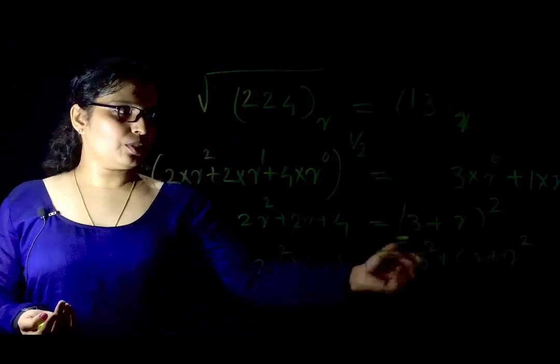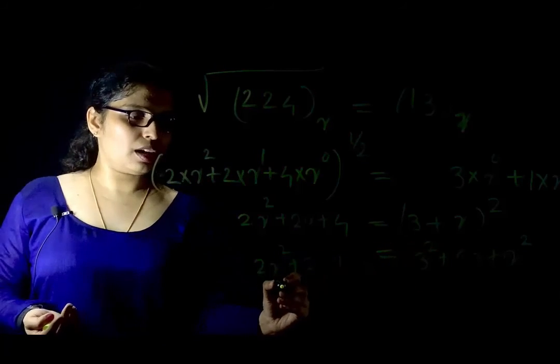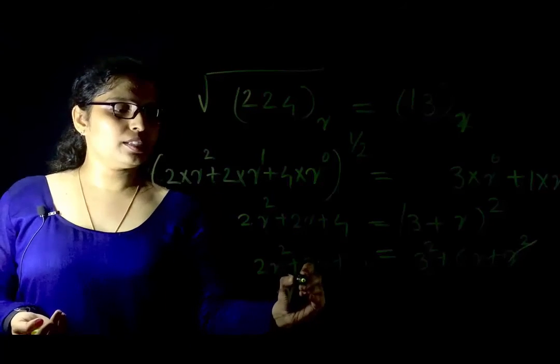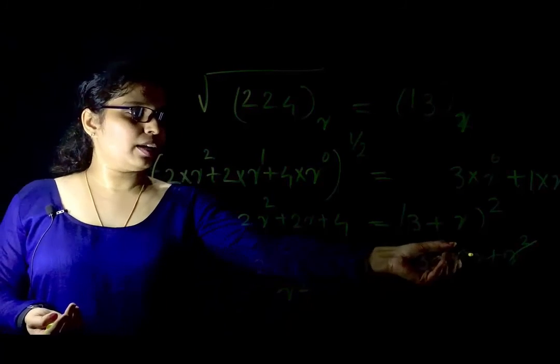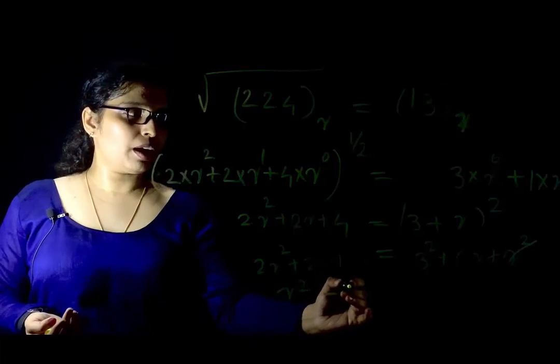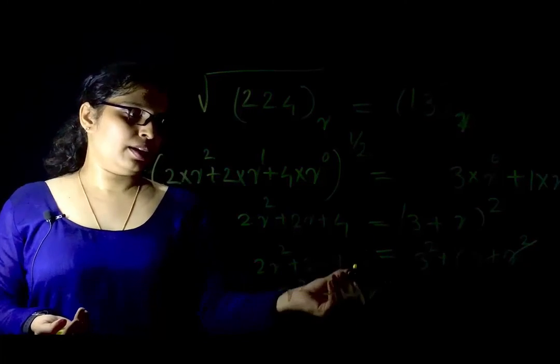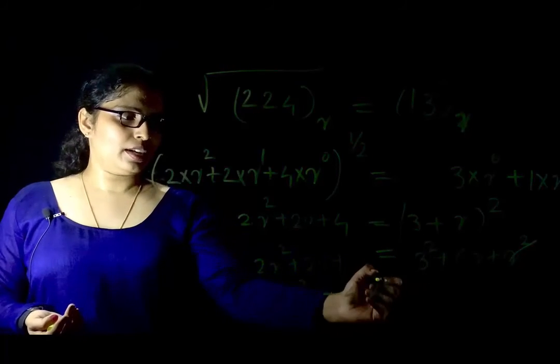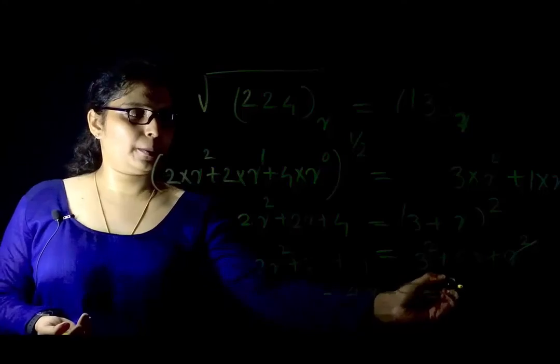Now rearrange. 2R square minus R square gives R square. 2R minus 6R gives minus 4R. Here it is 4 and here it is 9, since 3 square is 9, so 4 minus 9 is minus 5.